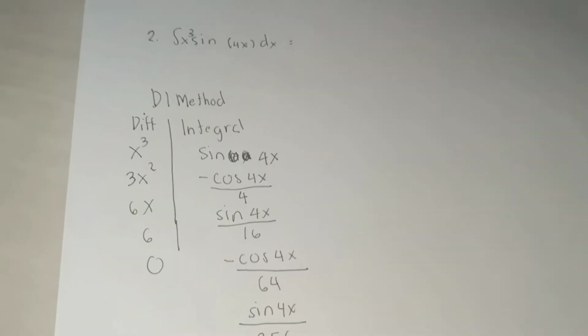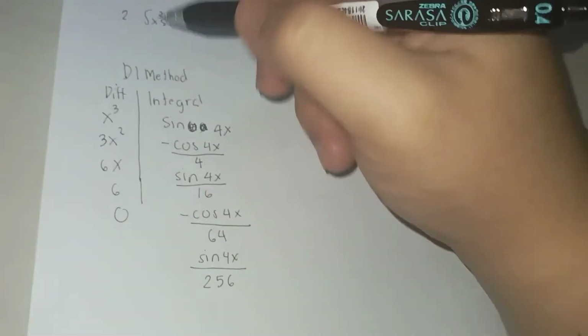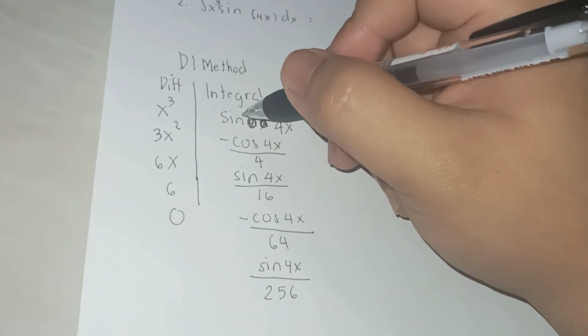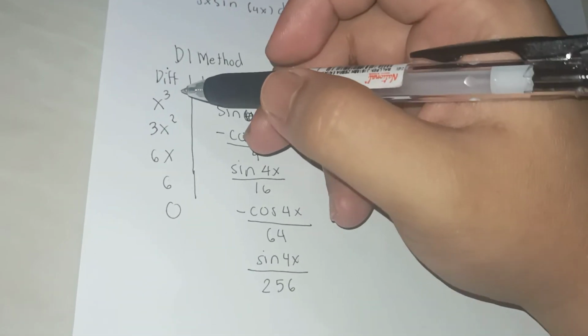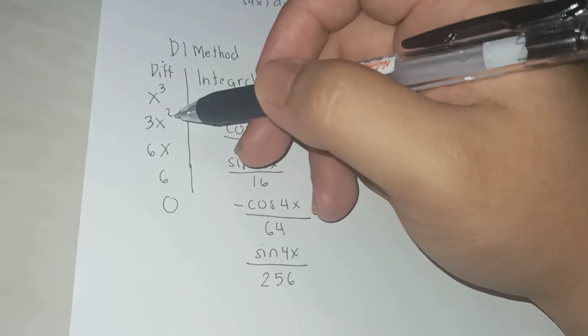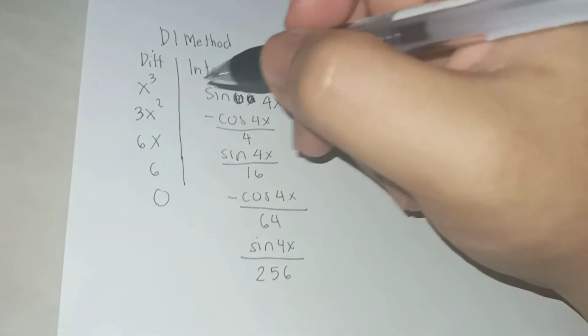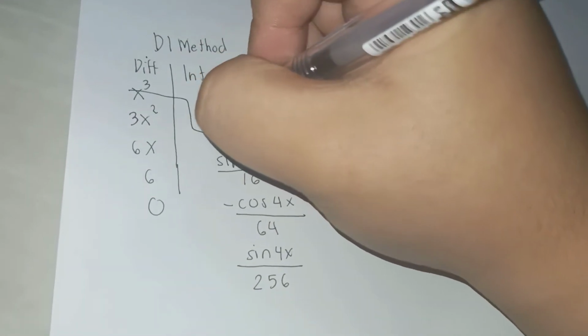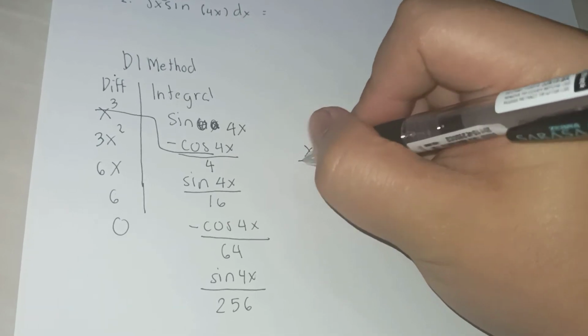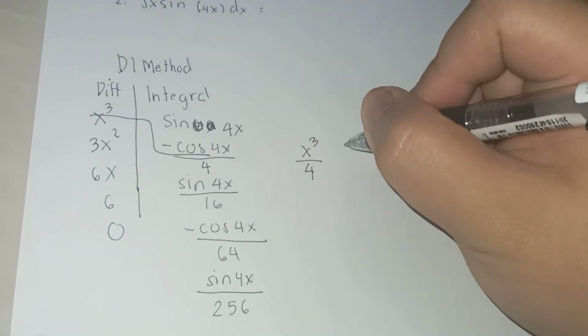And now what we're gonna do here is take the partner of each term, for example, the partner of x cubed, then the partner of 3x squared. So just follow this pattern here. So x cubed will become x cubed over 4.